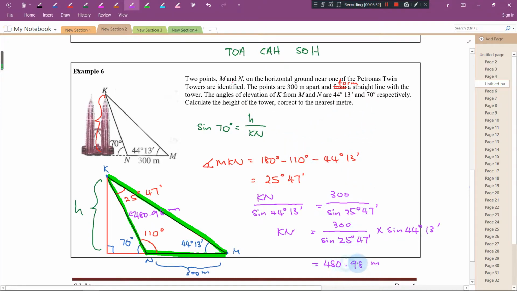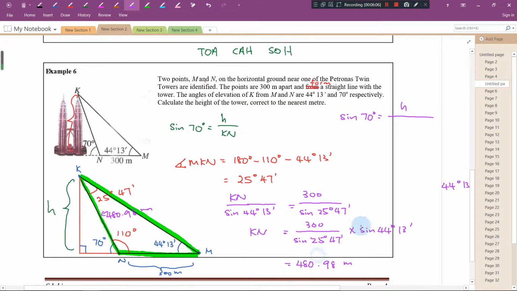So let me plug this into here. Sine 70 degrees is equal to the height of the Petronas Twin Tower over KN. KN is equal to 480.98.